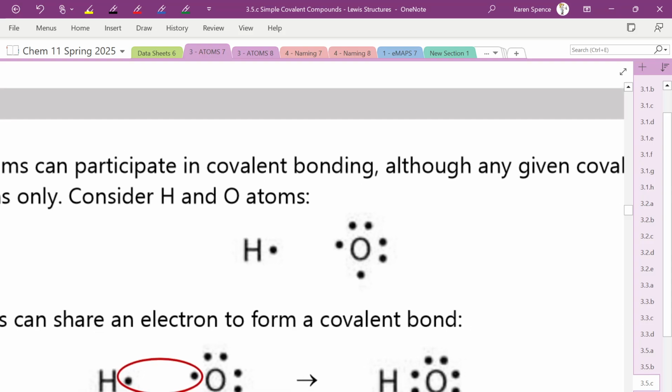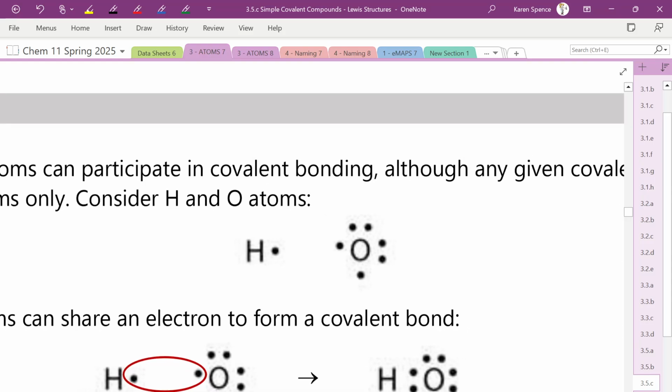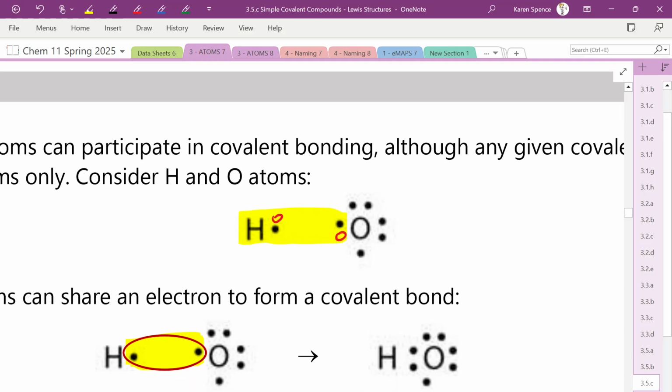Let's look at water. Okay, we have hydrogen. Hydrogen is going to get together with oxygen. There's a gap here, so they're going to share. Hooray! Hydrogen is now satisfied. Yes, it has 2. Is oxygen satisfied? No. So what are we going to have to do?